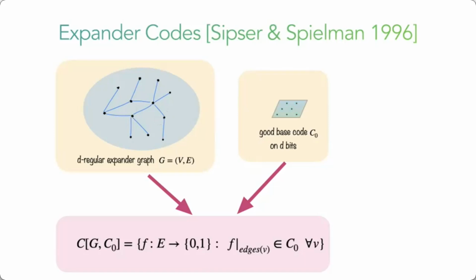It wouldn't change the argument as long as the distance locally is sufficiently large. So let's do this thought experiment where we start with some bunch of C naughts. And now for one vertex, we just remove one constraint from this C naught. So it's a slightly bigger code, but maybe it still has enough distance.